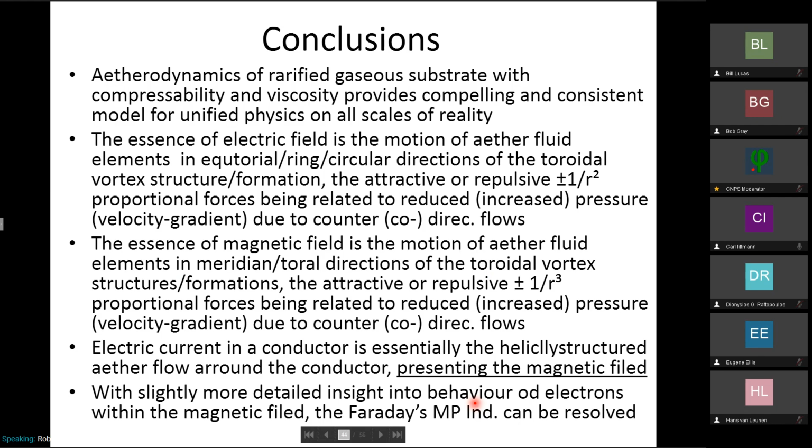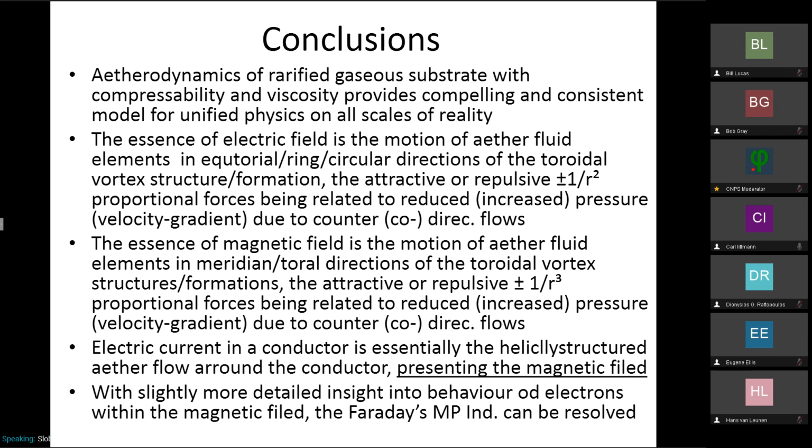But as a conclusion, let's voice it this way. Ether-dynamics of a rarefied gaseous substrate with compressibility and viscosity provides a compelling and consistent model for unified physics on all scales of reality.